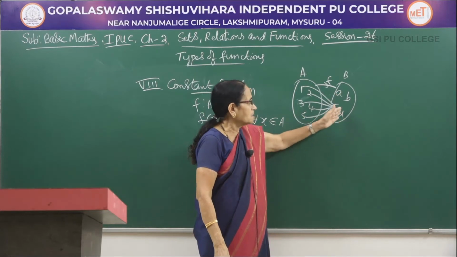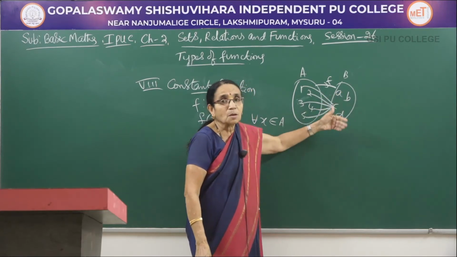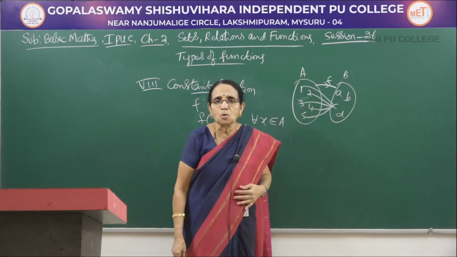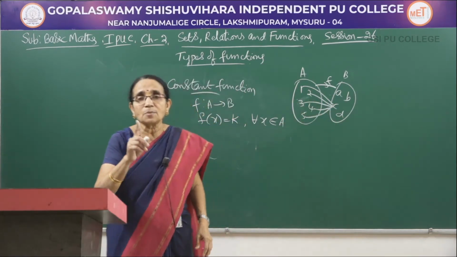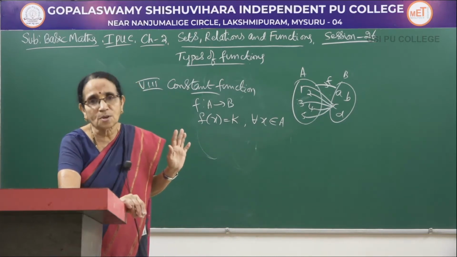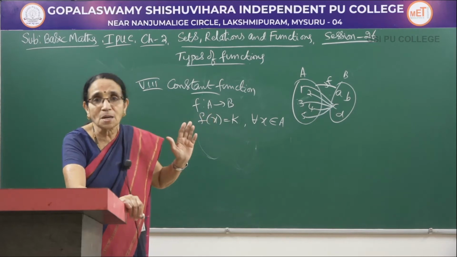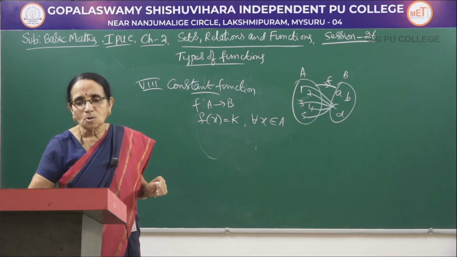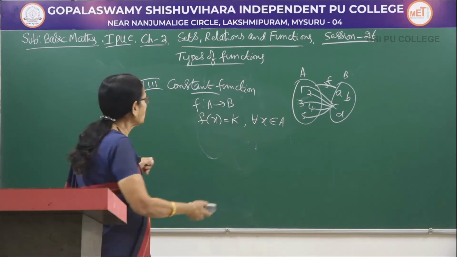C is some constant; there may be a number also in the second set. All the elements belonging to the domain will have the same image, that is called a constant function. Constant means the image of each and every element of the domain is a constant, so we call it a constant function.